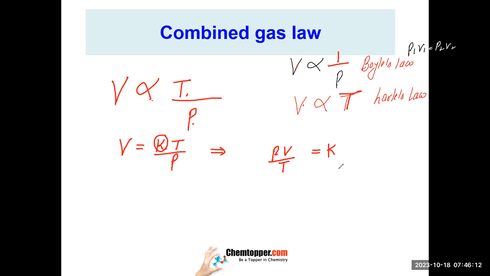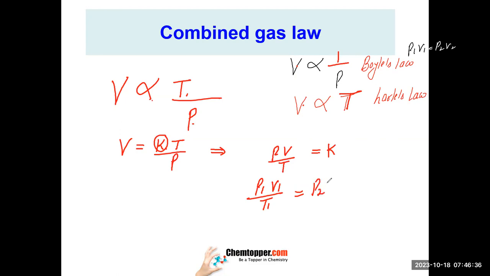If I give you first condition as P1, V1 and T1, it means when the pressure is P1, volume is V1, and temperature is T1. And the second condition, pressure changes to P2. Accordingly, volume changes to V2, temperature changes to T2.